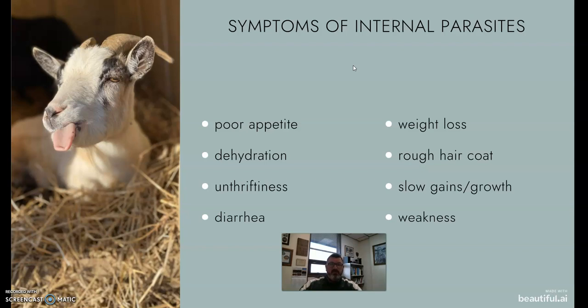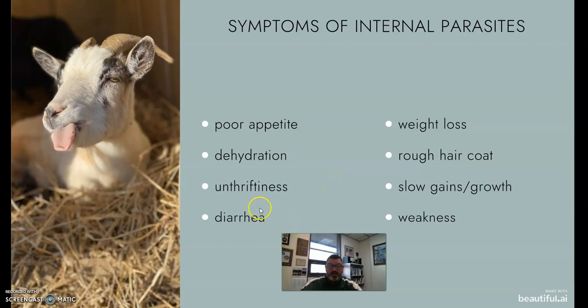Number one, they may have poor appetite. They may be off feed. They may be dehydrated for no particular reason. General unthriftiness, and sometimes you say, what does that mean? That's usually tied to a rough hair coat. But unthrifty could be kind of a dull look in their eye, kind of droopy ears, obviously some atypical stool or atypical bowel movements.